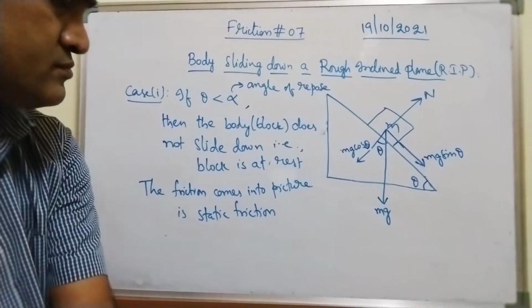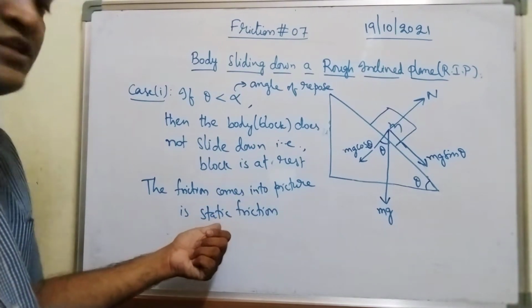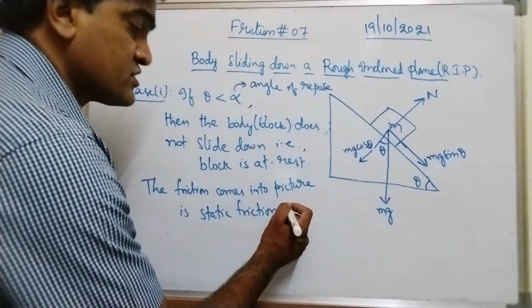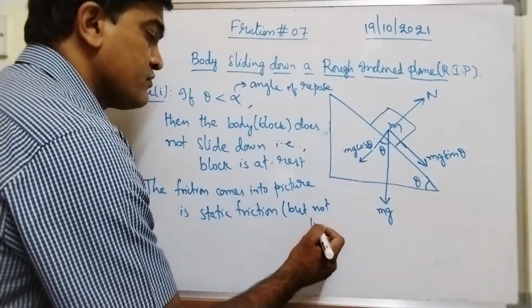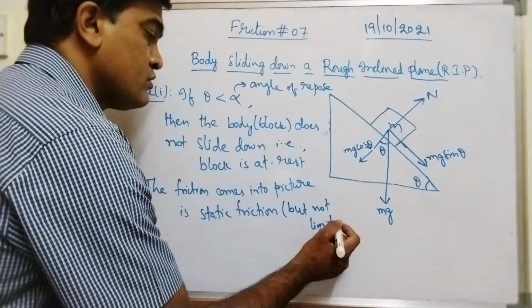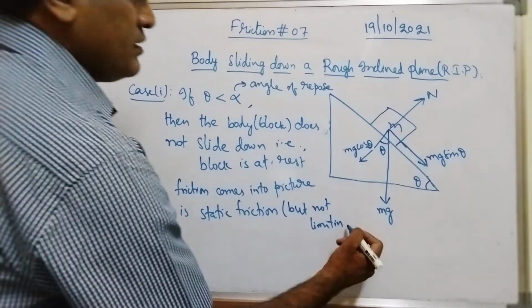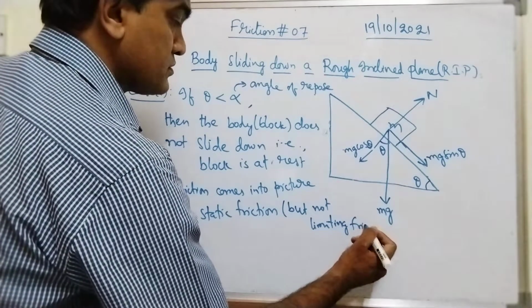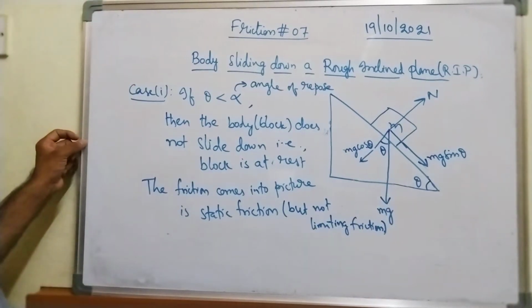So the frictional force that comes into picture is static friction, but not limiting friction. Very, very important. Limiting friction will come into picture only when theta is equal to alpha. Important point.